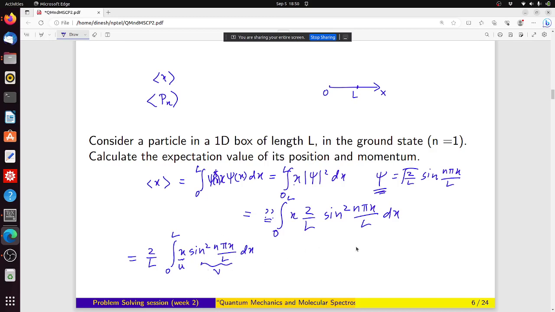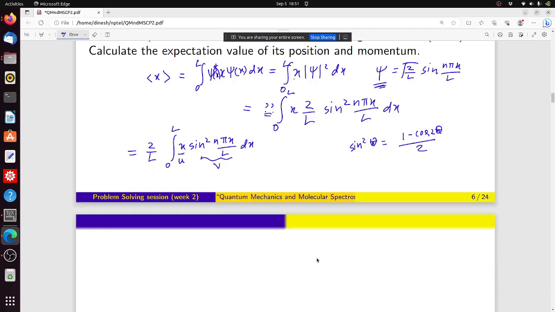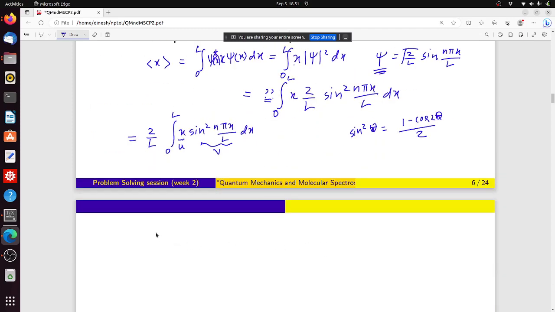So let me convert sine square: sine square theta is 1 minus cos 2 theta by 2. Okay, so let's substitute this. 2 by L, x, 1 minus cos 2 n pi x over L, by 2.